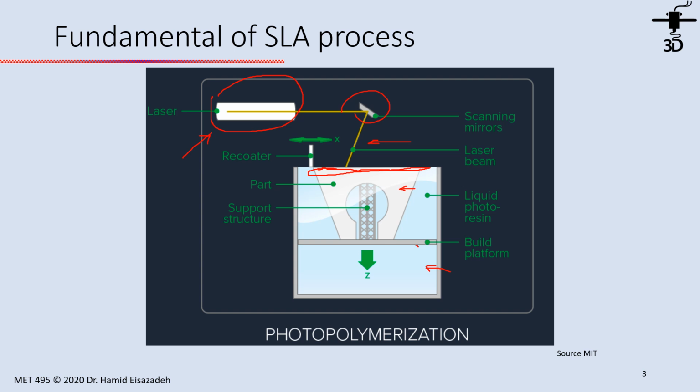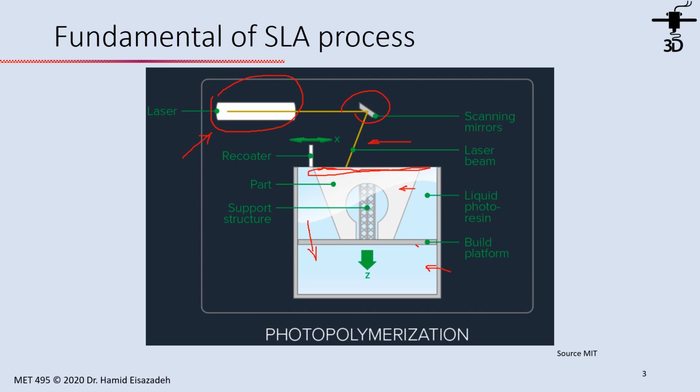Once the laser hits that surface, it cures the material, and this is a layer-wise process, and it's going to be repeated to fill each layer cross-section. Once each layer is done, the part is going to be indexed vertically downward.